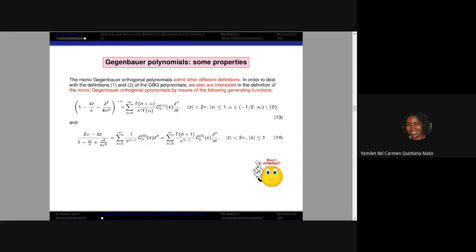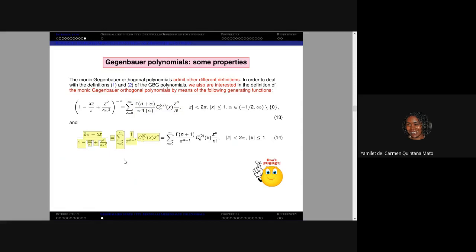So the representation or definition considered in this slide is concerned with the definition given by generating function in each case.